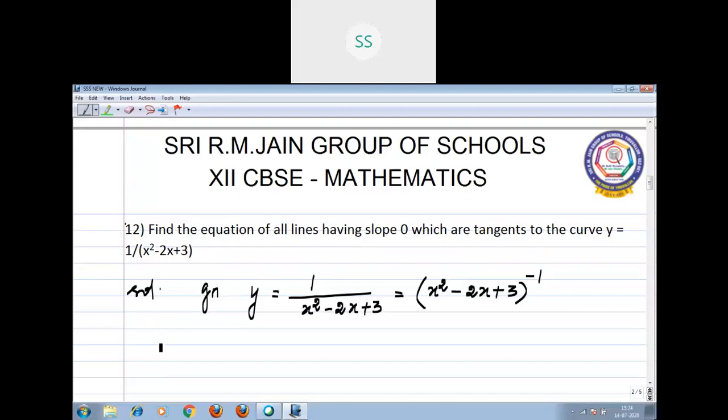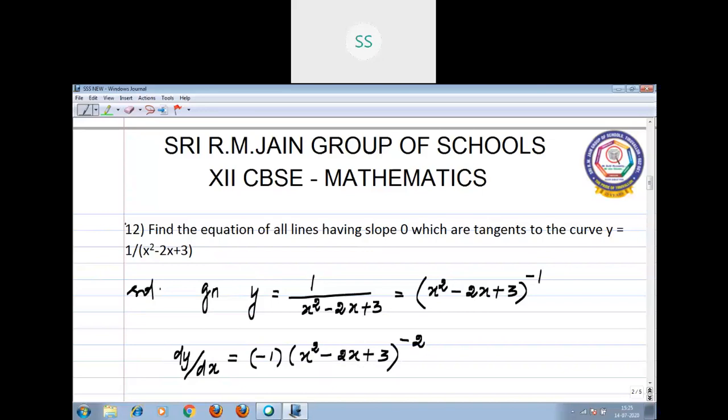Next step, what I told you, you have to differentiate. dy by dx. Here also you are going to recall the derivative of x power n. First you should give importance to the power: minus 1 into x square minus 2x plus 3, the whole power minus 2.